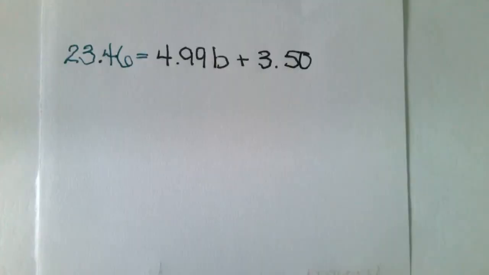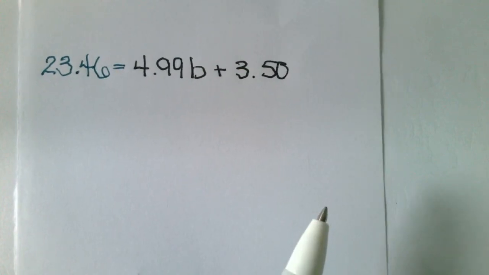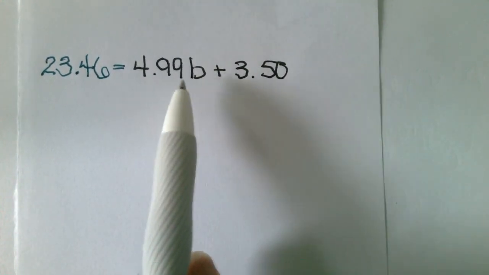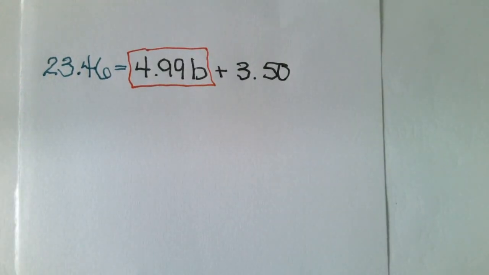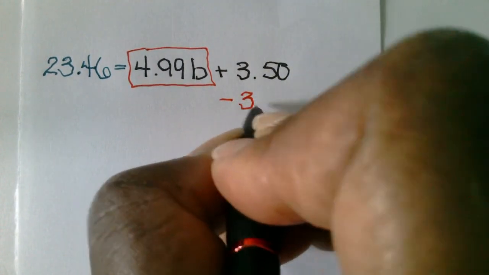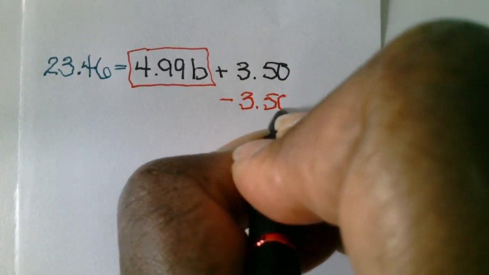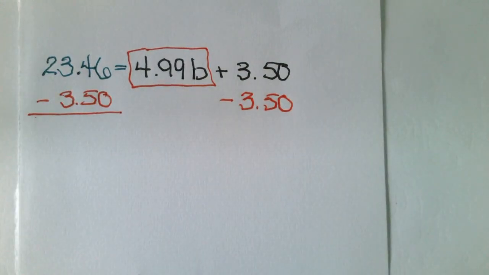So that's how it would trick you up a little bit. First thing, let's try to isolate this B. We're going to keep this right where it is. So what needs to go is my plus 3.50.